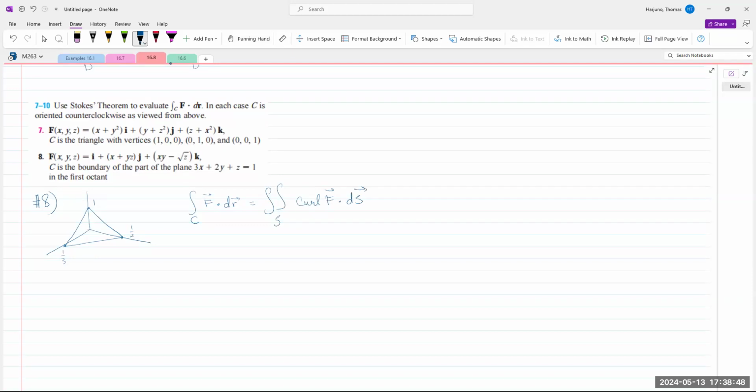Now, why do you want to do the curl? Because the curl may kill something. At the same time, we know that surface S has a normal vector (3, 2, 1), right? Suppose this is our G.